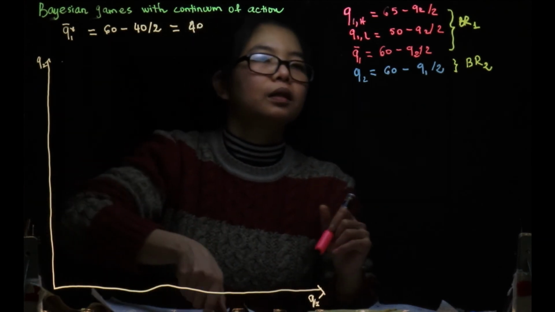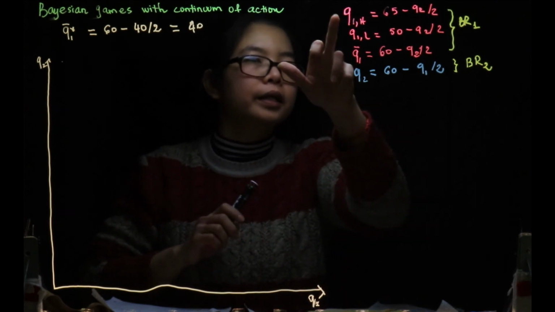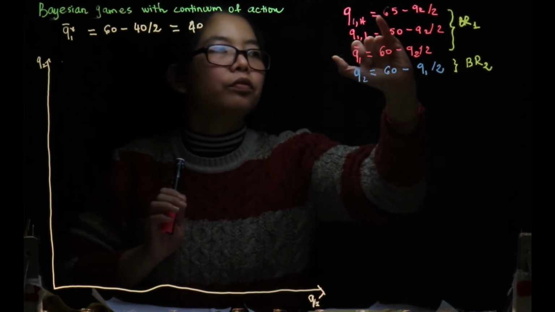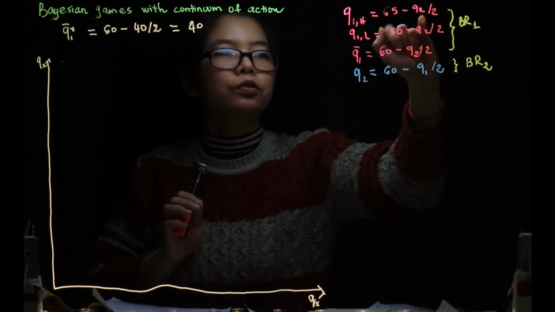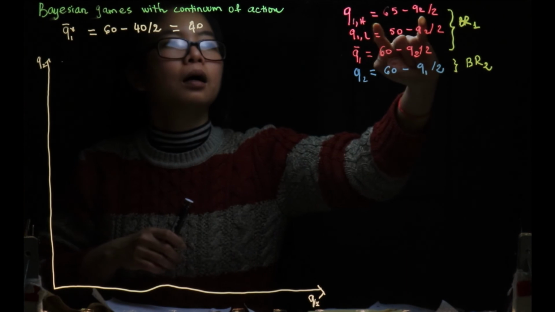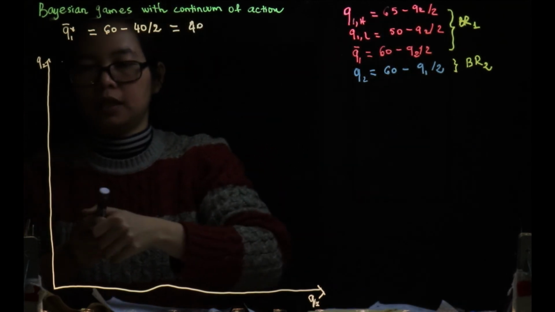Now let's graph first Q1 high. So the first intercept would be, set Q2 to 0, then Q1 high is 65, right?